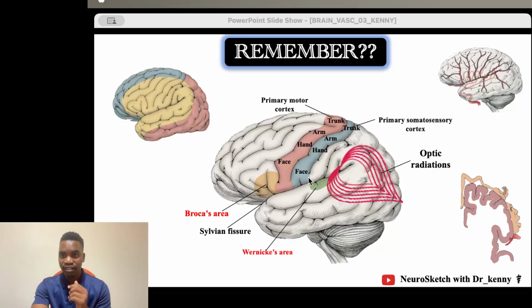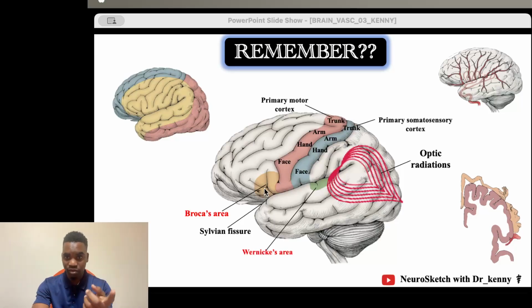But we also know that above the Sylvian fissure here is taken care of by the superior division of the middle cerebral artery. So if we affect the superior division, we'll have a clinical presentation corresponding to these functional areas.